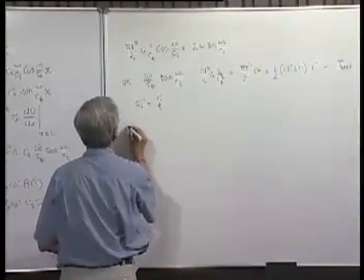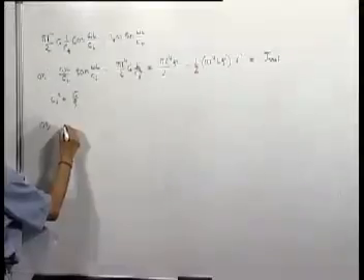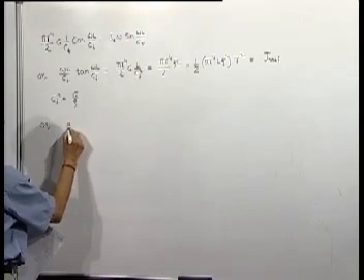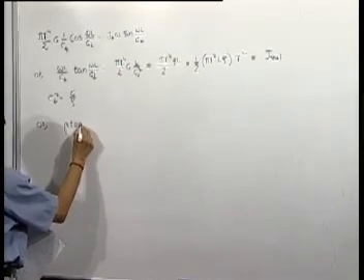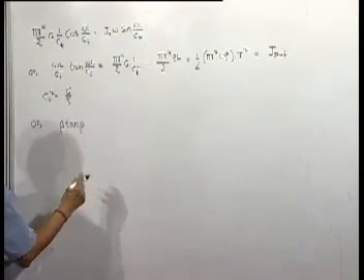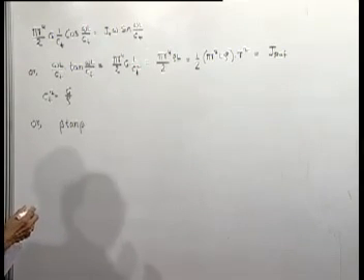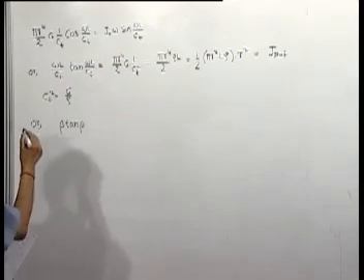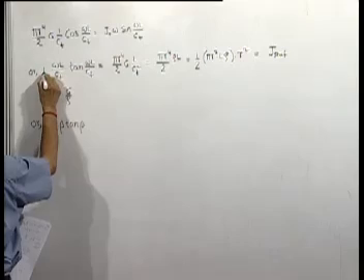Therefore, the equation finally we get is beta into tan beta equal to J by J0 here.